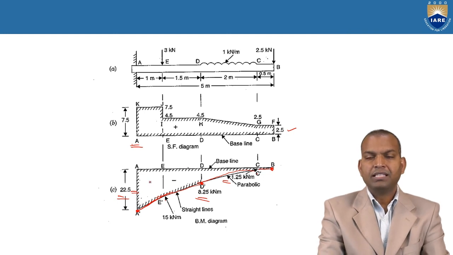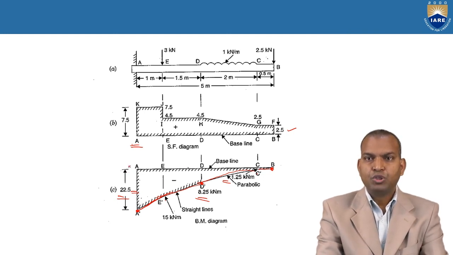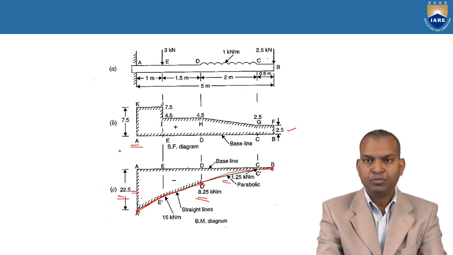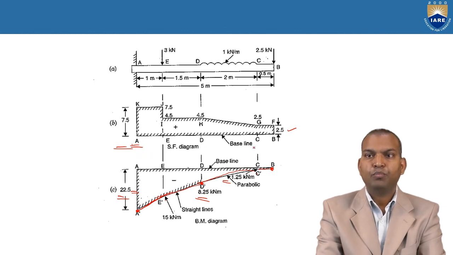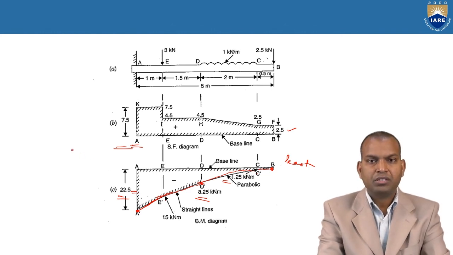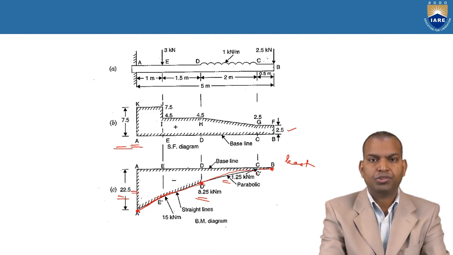So you can understand from this that maximum values occur at fixed ends for shear force and bending moment, whereas at free ends the values are very low or least. So wherever we construct cantilever beams, the fixed end should be strong enough. Otherwise, failure of the structure can take place.